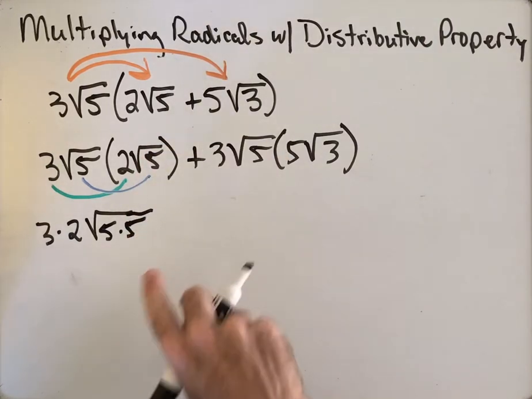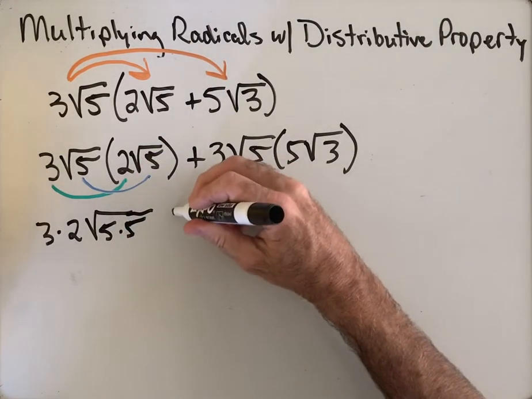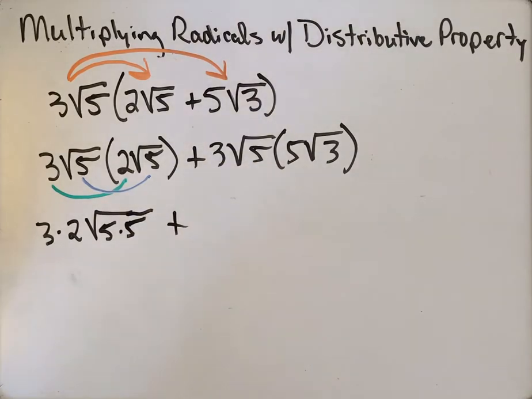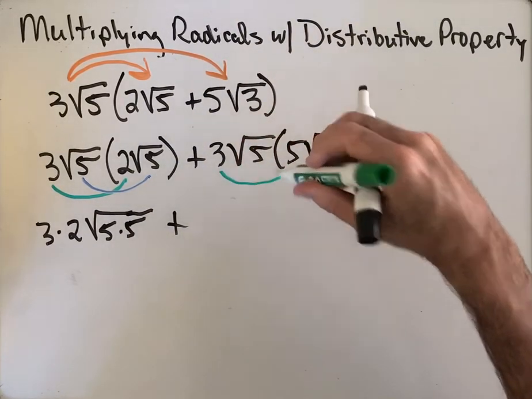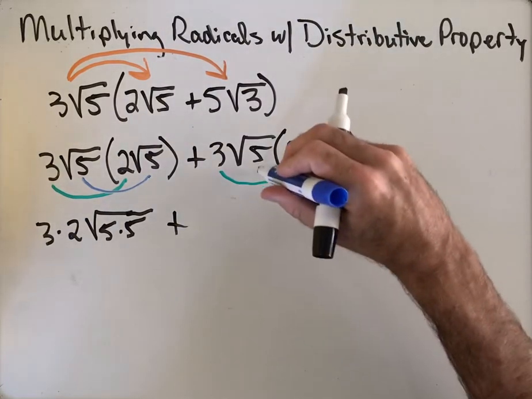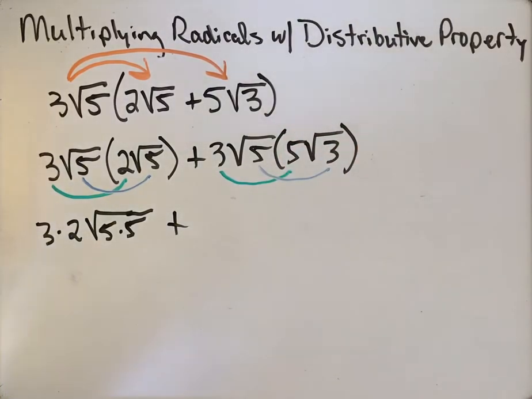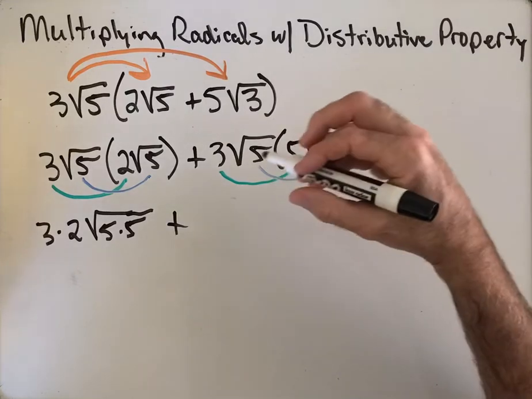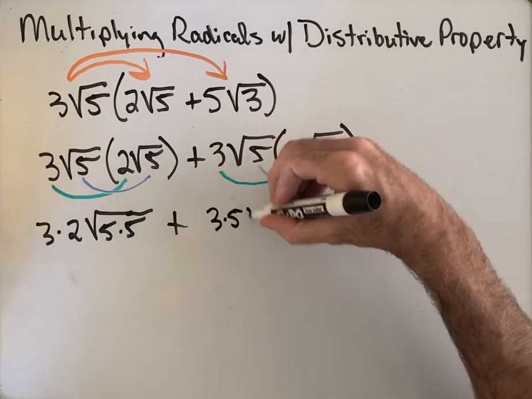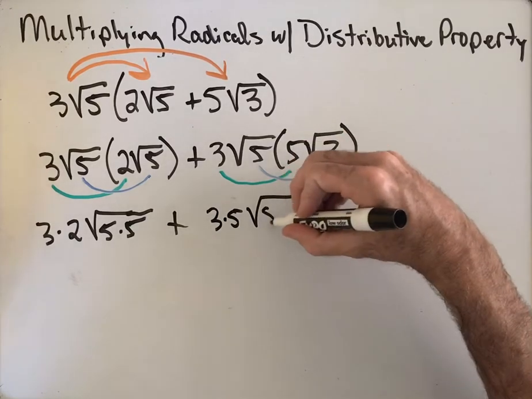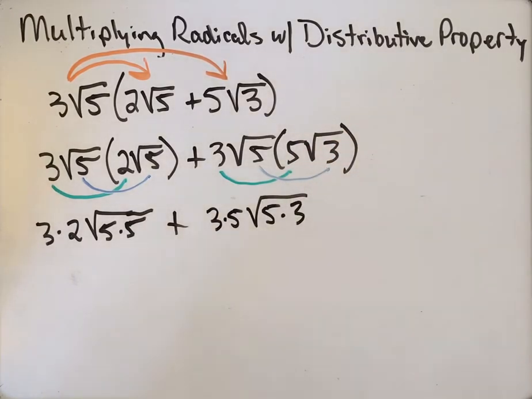We're going to do this one the long way, but you might see something interesting that happens there. We're going to do the same thing on this one. Outside numbers together and inside numbers together. So then we're going to have 3 times 5, square root of 5 times 3.